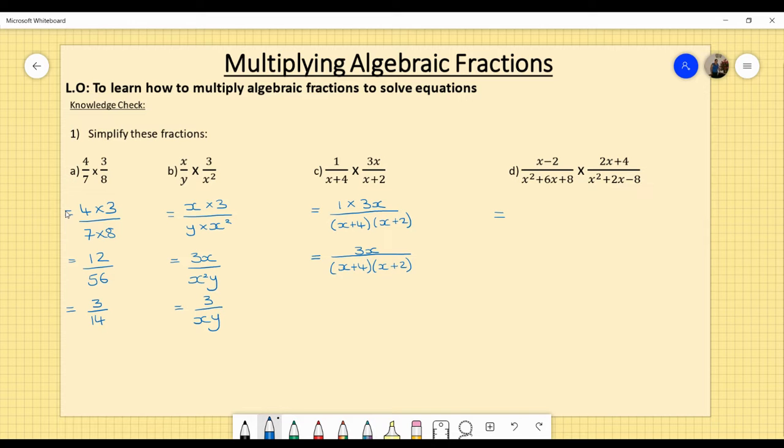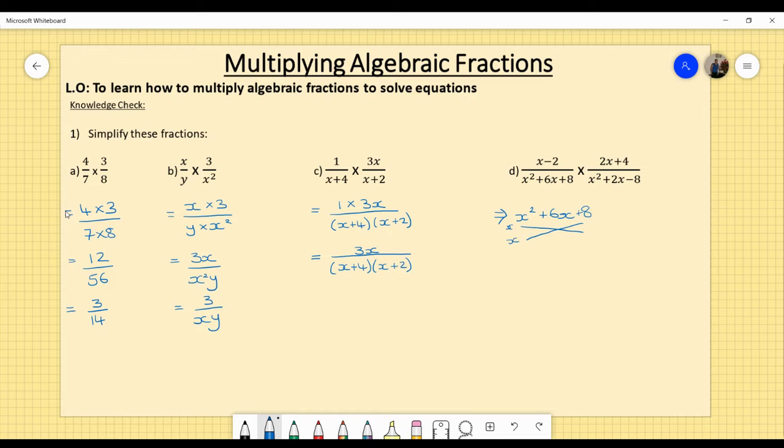So the best way to deal with the fact that I have a quadratic expression here is to make sure everything is fully factorized as possible. So if I start off with looking at each part of the fraction, x minus 2, that's fully factorized. There's nothing I can do with that one. X squared plus 6x plus 8 can be factorized, so we can use our cross method.